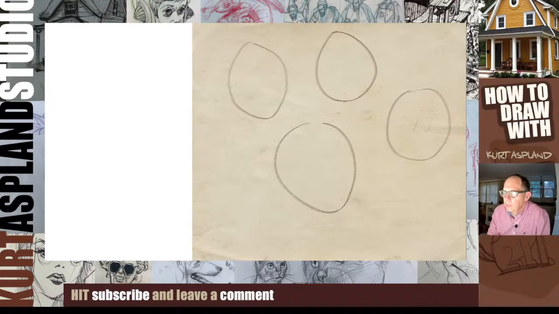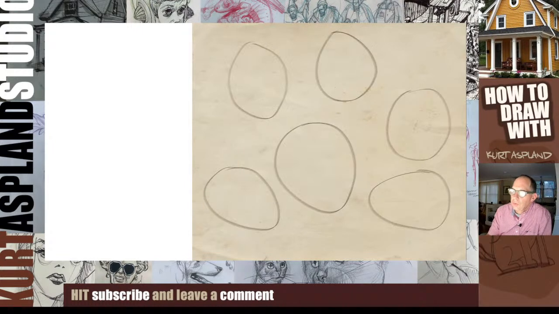I'm just going to draw these random. I'm not trying to make them look like skulls. In fact, I may have made some of them too close together, but you should get the idea.